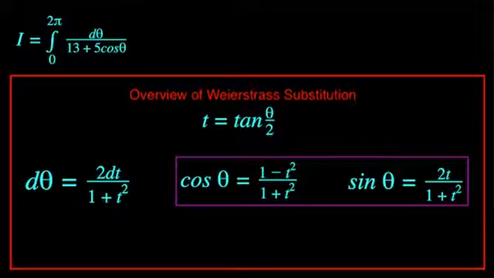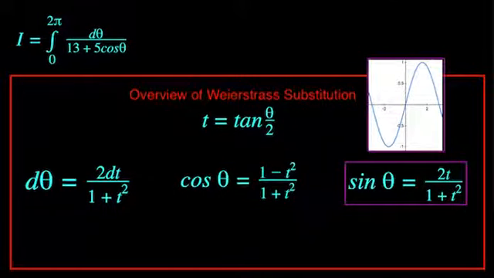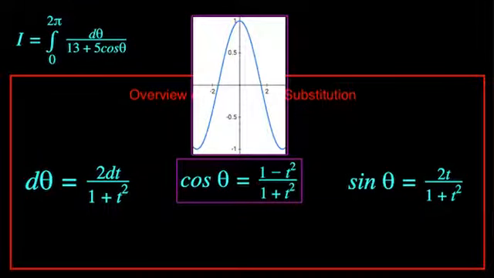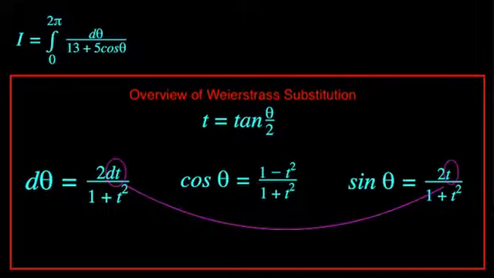To keep these straight, keep in mind that the sine function is an odd function, like 2t over 1 plus t squared, and the cosine function is an even function, like 1 minus t squared over 1 plus t squared. Also, the conversion between d theta and dt is basically like the formula for the sine function, but you swap out the t with the dt.